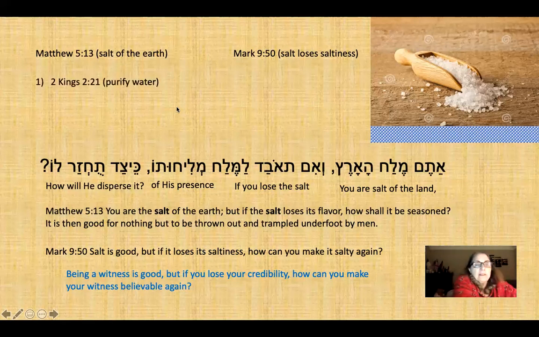All right, let's see. We've got some verses here. 2 Kings 2:21 says, then he went out to the spring and threw salt into it, saying, this is what the Lord says: I have healed this water. Never again will it cause death or make the land unproductive. Basically, it's a picture of, if my people who are called by my name shall humble themselves and pray and repent, then I will heal their land.